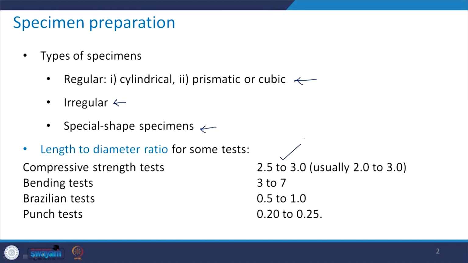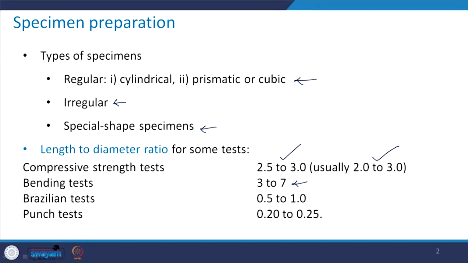In that case, if it is 2 to 3, that also serves the purpose. For the bending test, this L by D ratio is to be 3 to 7, because bending has to take place for such a test. Therefore, the length dimension is kept larger as compared to the width direction.